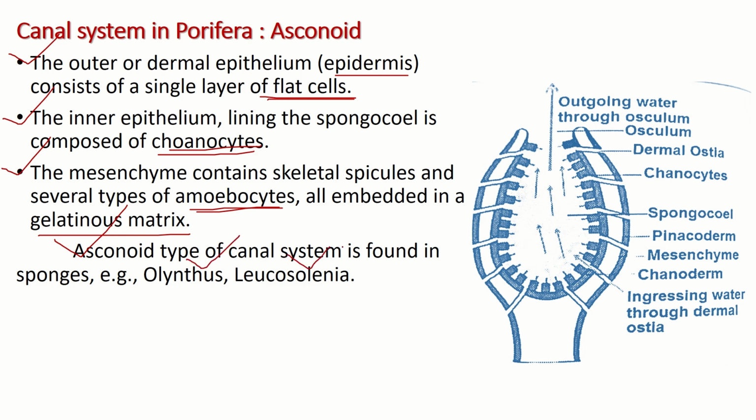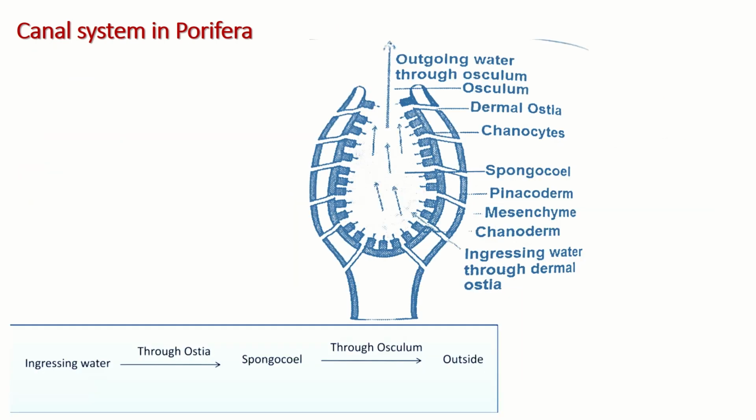So the asconoid type of canal system is found in Leucosolenia. Then lastly, the course of water in this asconoid type of canal system. The course taken by the water current in the body of the sponge is, first of all, the water comes in with the help of the dermal ostia.